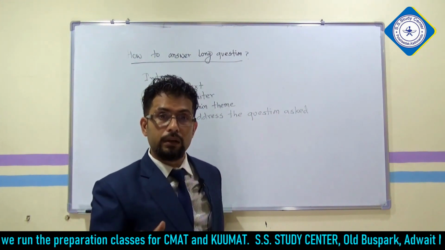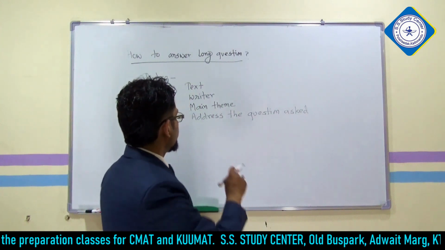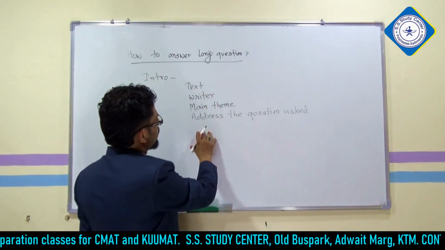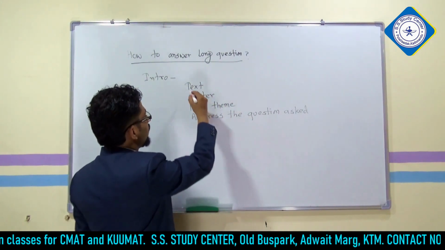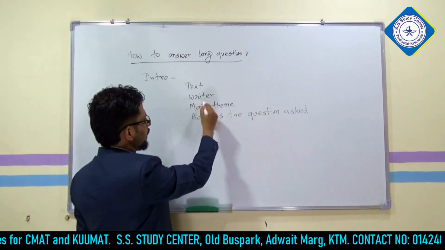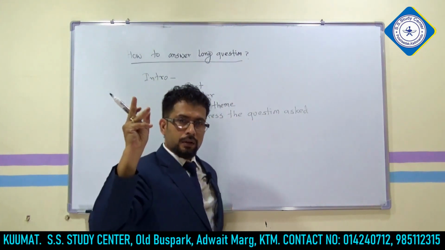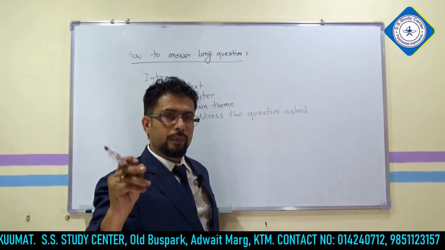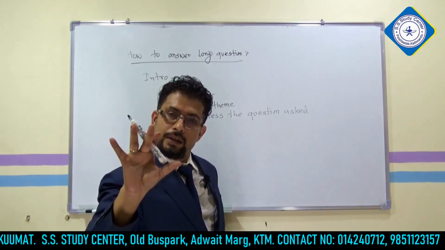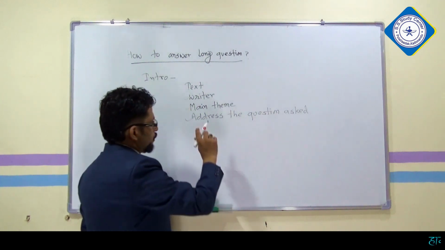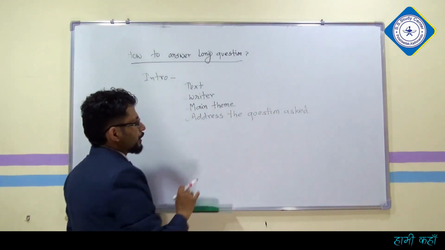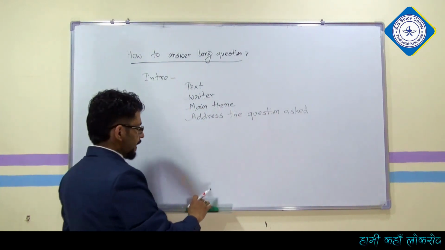Definitely in this session you are going to learn, but don't worry, I'm going to teach you everything. So 4 of these things are very, very important. What are they? Text, writer, main theme, and address the question asked. Come and repeat. Is it clear to you? Fine. So that is what you are going to write in this introduction paragraph.